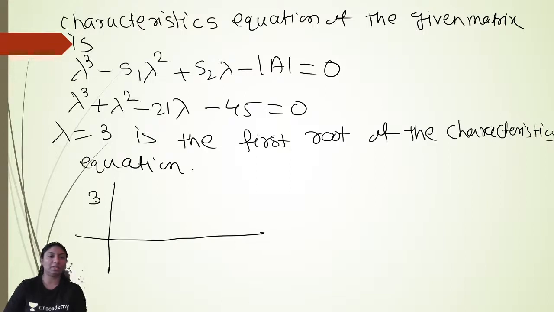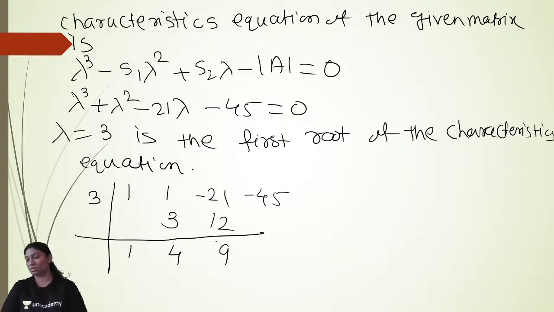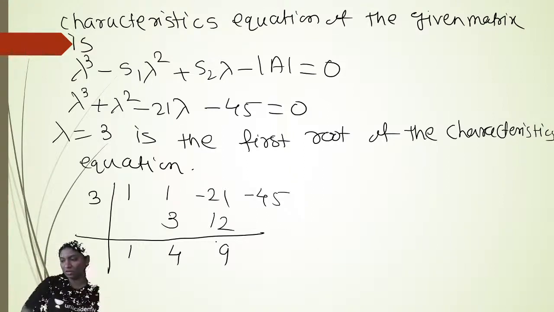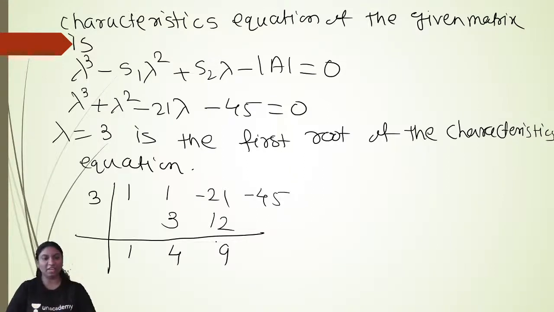Here lambda is equal to 3. So 1, 1, minus 21, minus 45. So keep 1 as it is. 1 into 3, 3. 3 plus 1, 4. So here is 12, minus 21 plus 12, so minus 9, then minus 45. Here minus 3. So lambda is equal to minus 3 is the root.